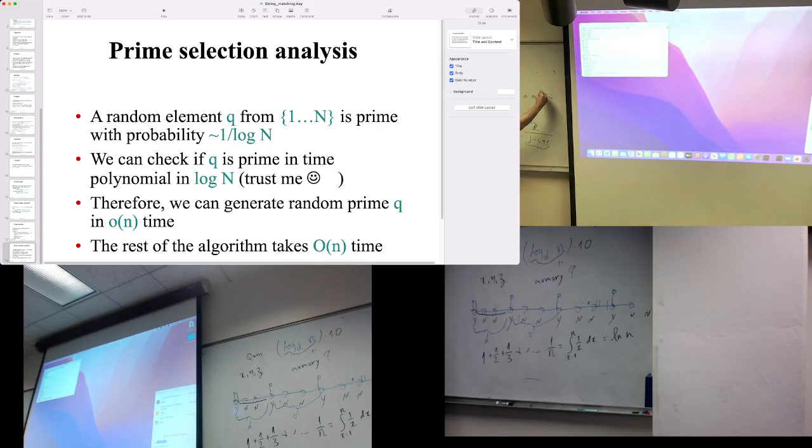Here is i, here is j. I assume that they are already sorted. And this number over here is just how many elements are there among them: i plus 1, i plus 2, all the way to j. This is how many elements you have between j and i.